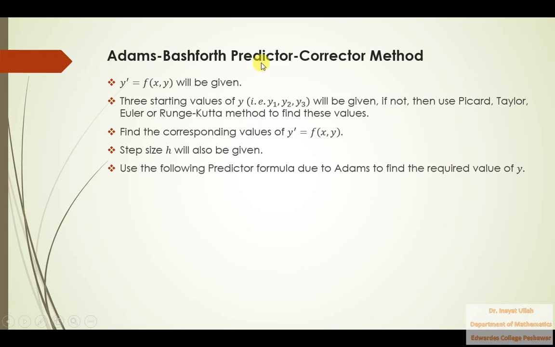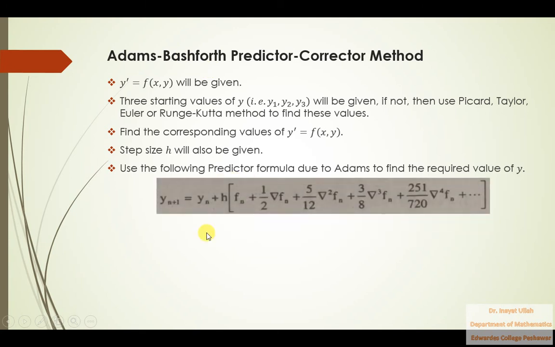This predictor formula is due to Adams, and the corrector is due to Bashforth. So the predictor formula is given by this equation: y n plus 1 is equal to y n plus h into f n plus half.